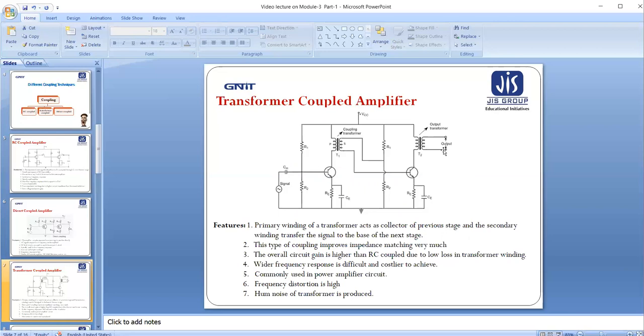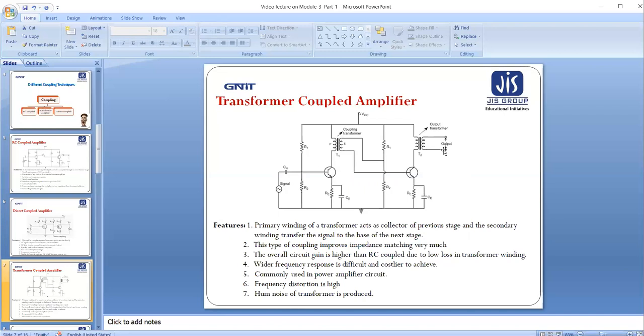And we know that a transformer has a coil, meaning an inductor, whose reactance XL equals j omega L. Omega means 2 pi F. So it will easily process DC and low frequency signals, 2 pi FL.